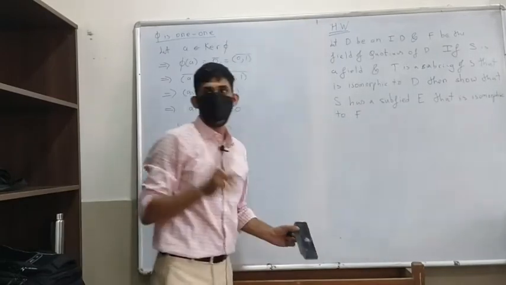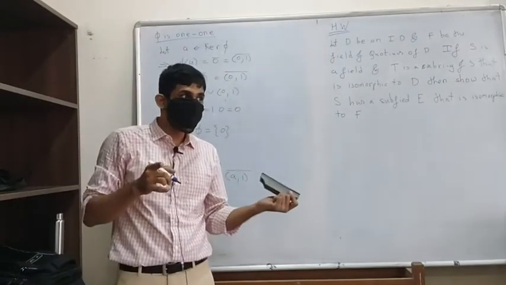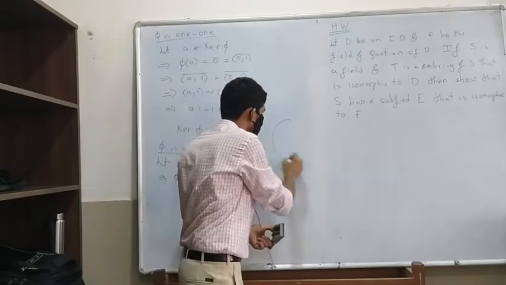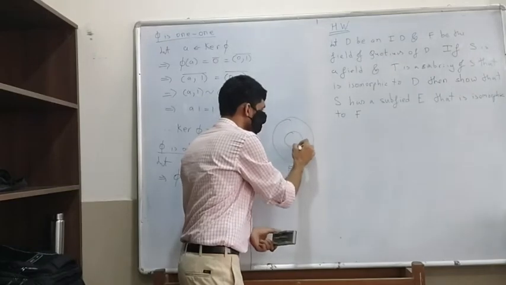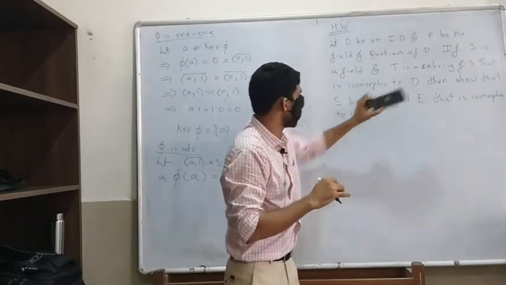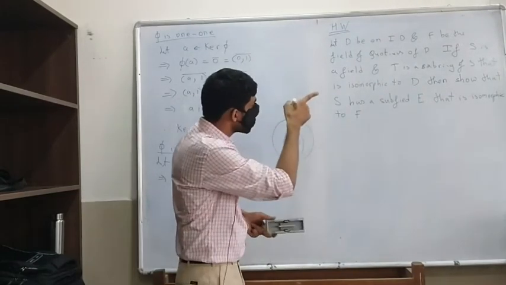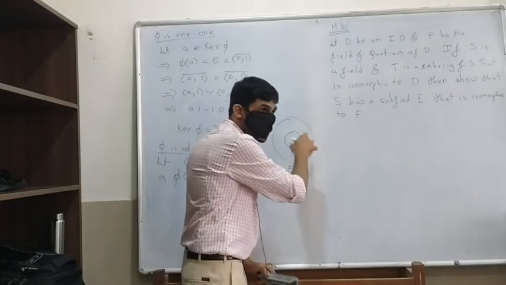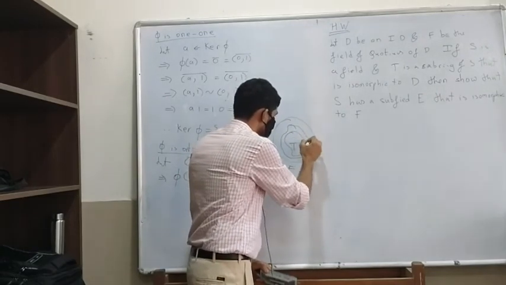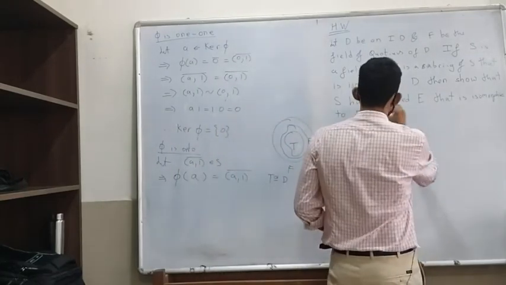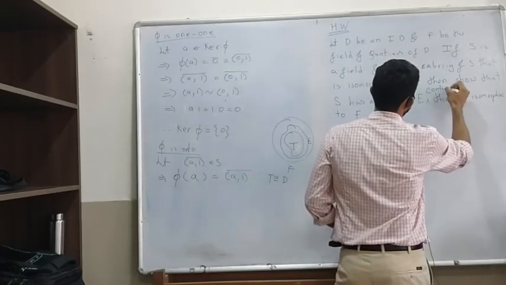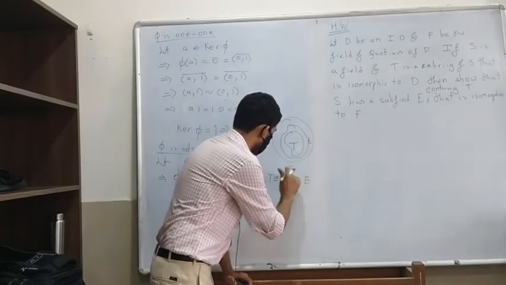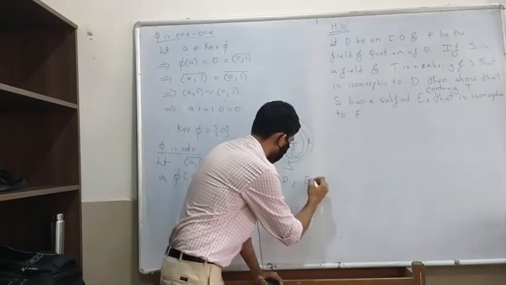If it has a subring isomorphic to D, it will also have a subfield isomorphic to F. So this is actually T, but we know that T is isomorphic to D. I can say S has a subfield E containing T, and this is isomorphic to F.